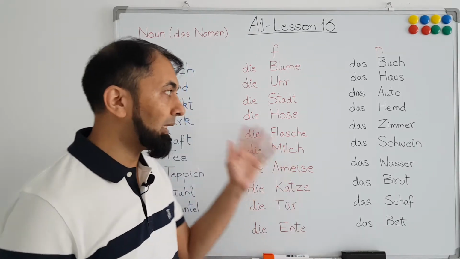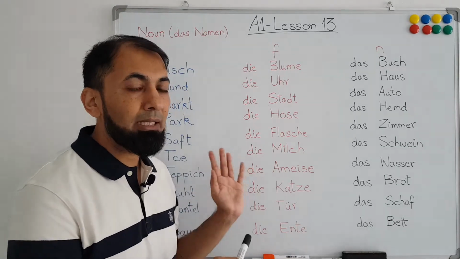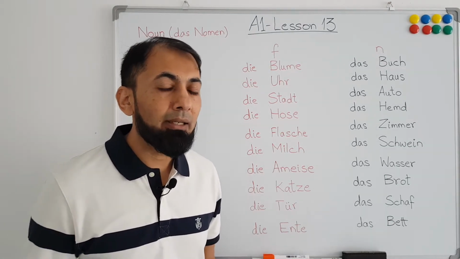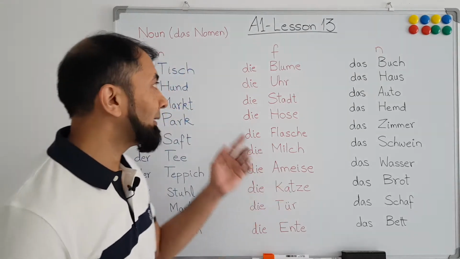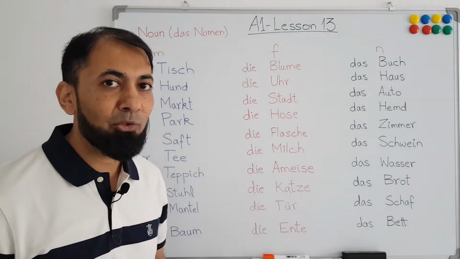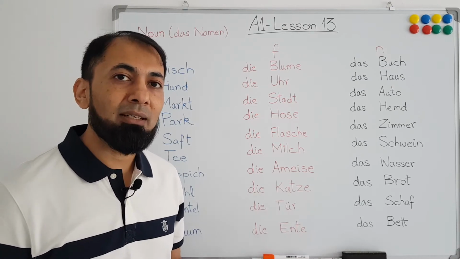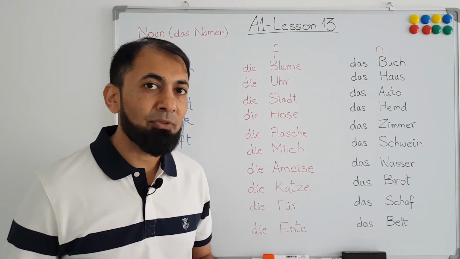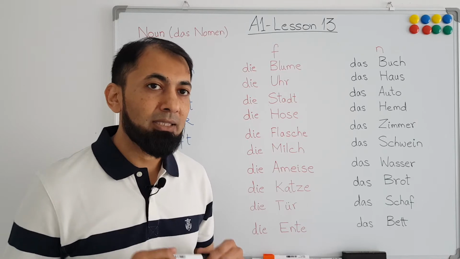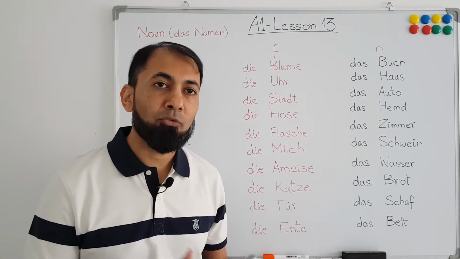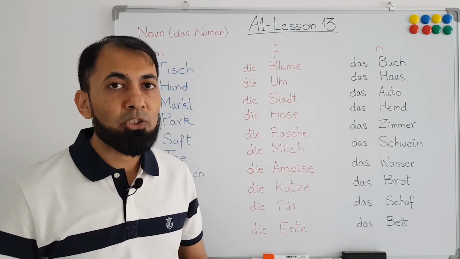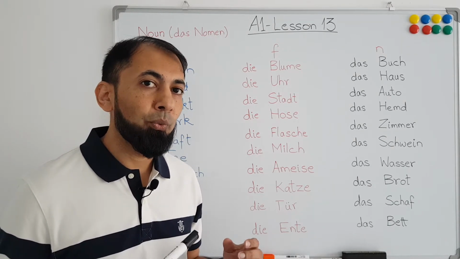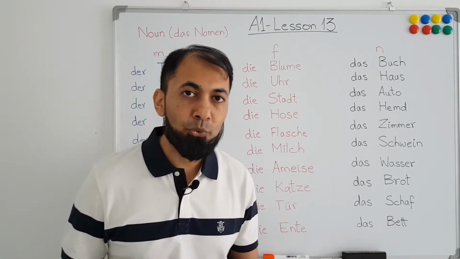But for these 30 nouns, there isn't any hint, because they do not fall in that particular category. But in the coming lessons, we will definitely have certain nouns which fall into certain categories, and based on that it would be possible for us to identify the gender and use the correct article.